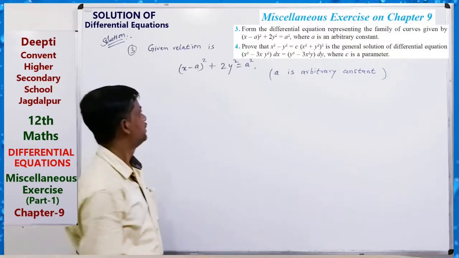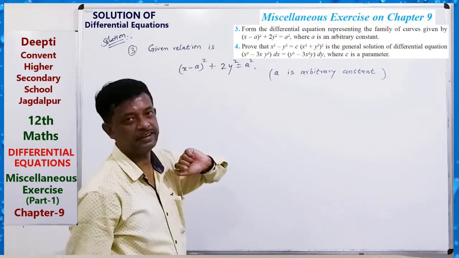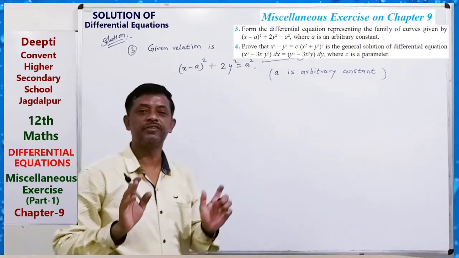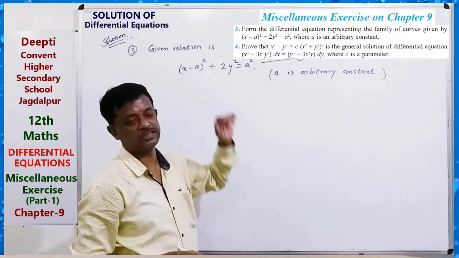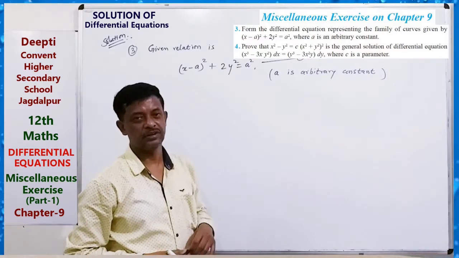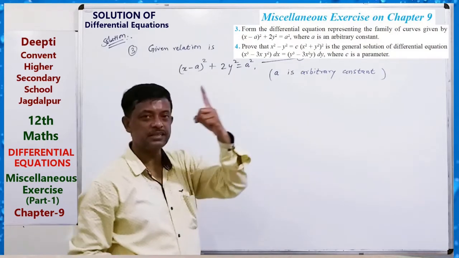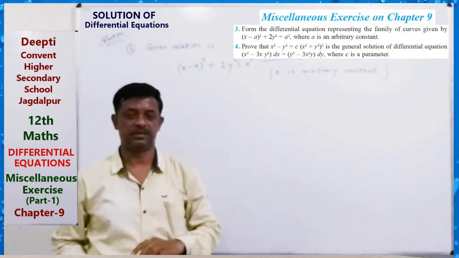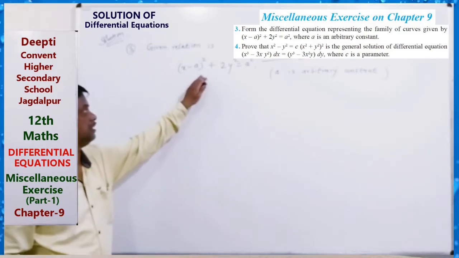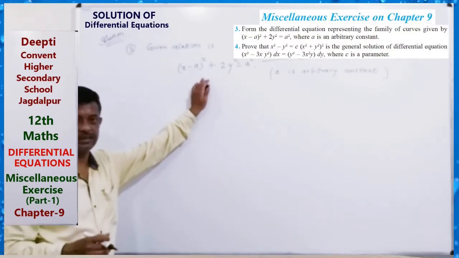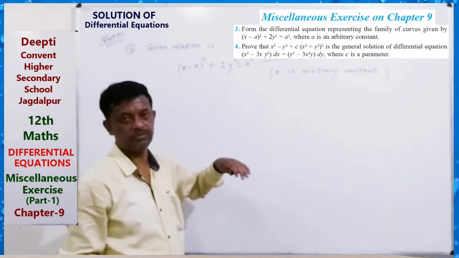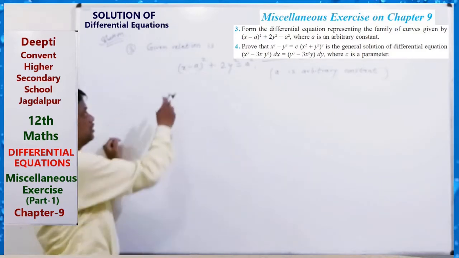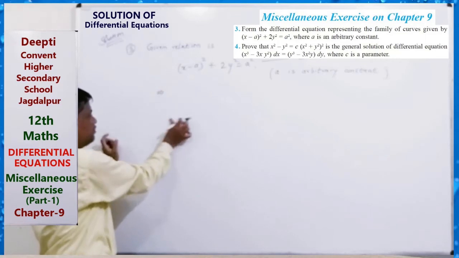Clear? This is the given relation, equation 1. We have to form a differential equation for this equation, where a is a single arbitrary constant. So we can get a differential equation of first order by differentiating with respect to x and eliminating this constant from the equation.